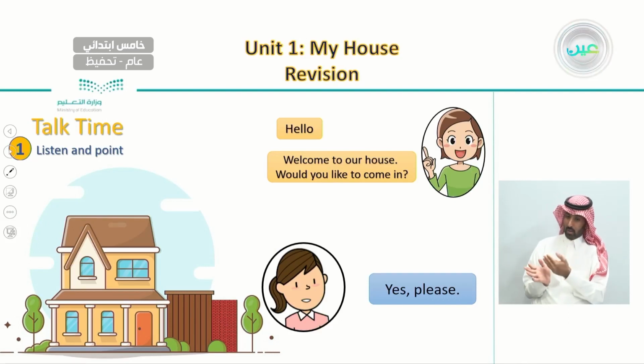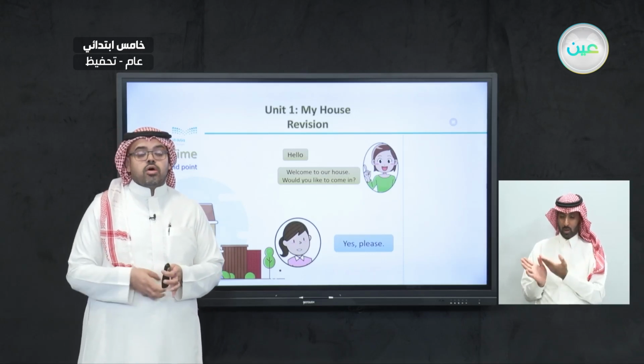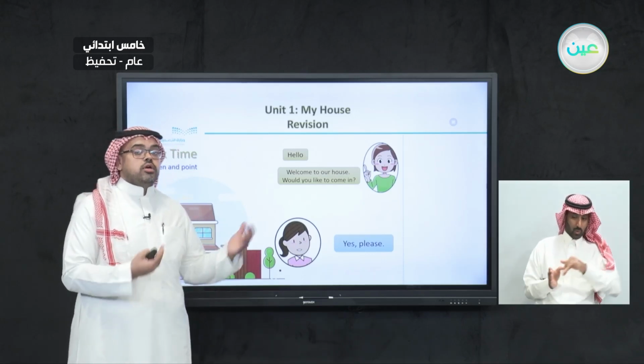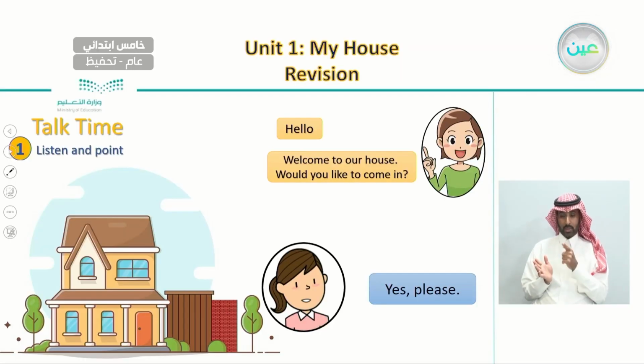These are two important things to say when you have guests or people coming into your house. You should say, "Welcome to our house. Would you like to come in?" Her friend says, "Yes, please, I would like to come in."